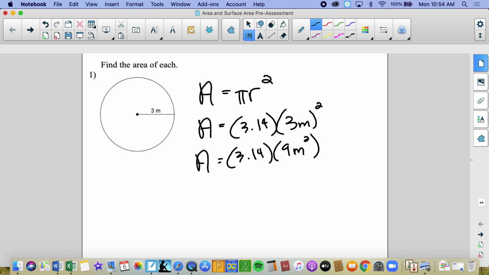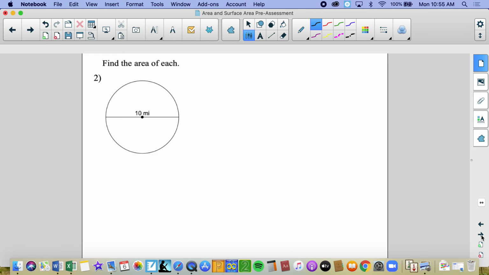We need to remember that we're multiplying 3 m times 3 m. 3 times 3 is 9. M times m is m squared. And then we have 3.14 times 9 m squared, which gives us 28.26 meters squared.